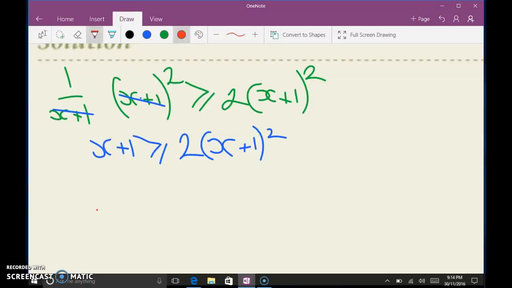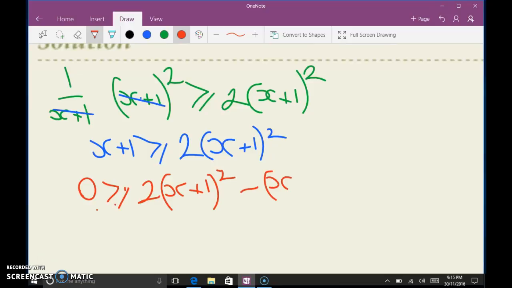Good. So we're now going to get the x plus 1 over to the other side, because you know how we like ax squared plus bx plus c equals or greater than or equal to or whatever, 0. So if we do that, we end up with 0 greater than or equal to 2 times x plus 1 squared minus x plus 1.